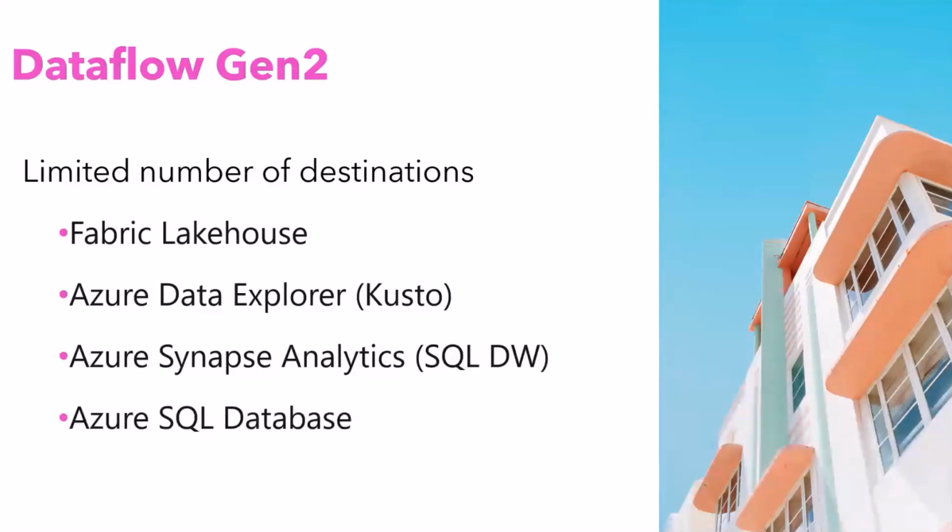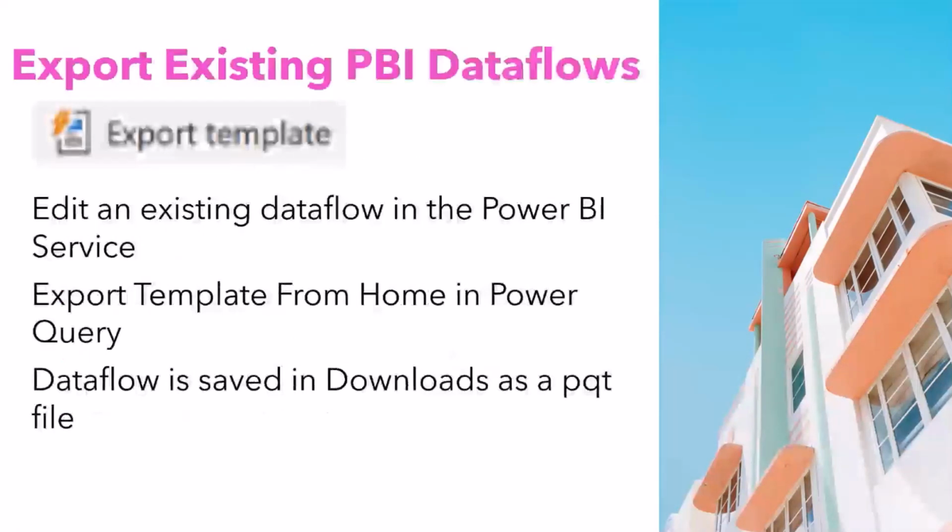So how can you incorporate the code that you already have? You basically are just selecting your existing data flow that you have in the Power BI service. And then, of course, I'm assuming that you've converted your Power BI service to the new Fabric, that won't work any other way. Then when you open up your data flow, you'll see this little icon on the Home tab, Export Template.